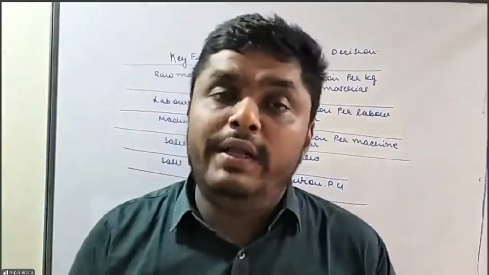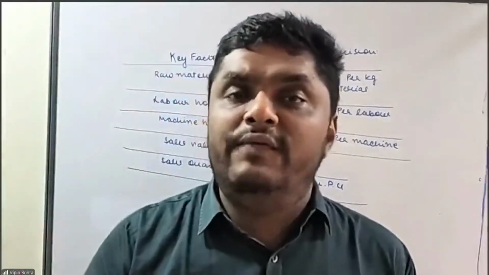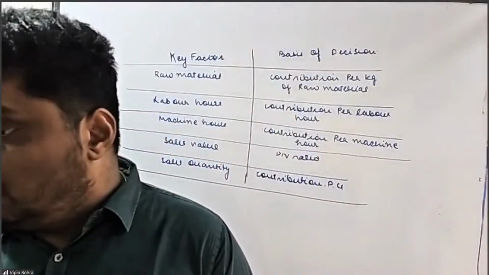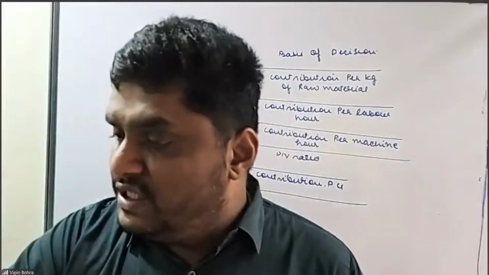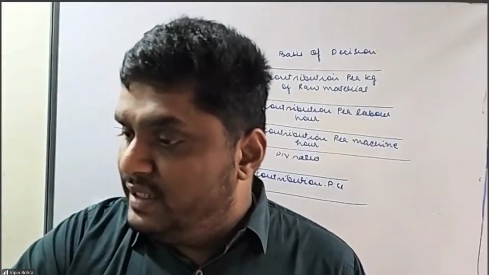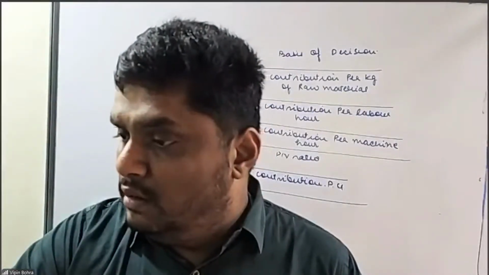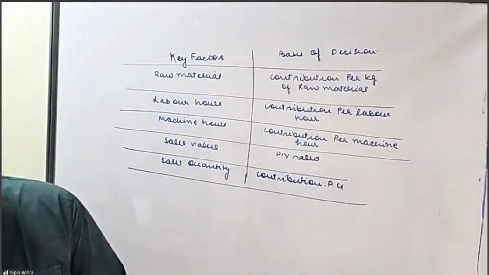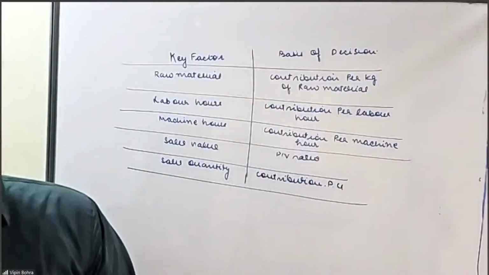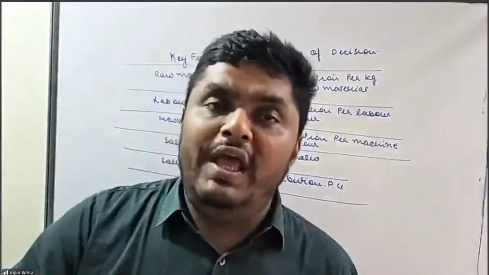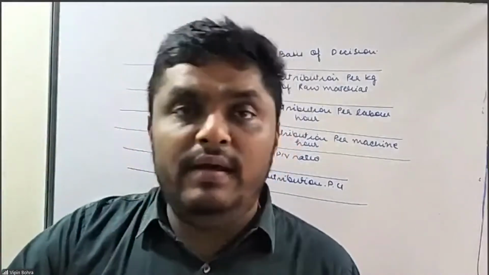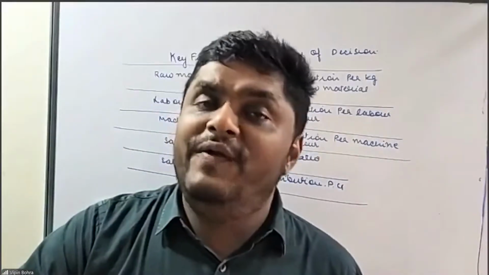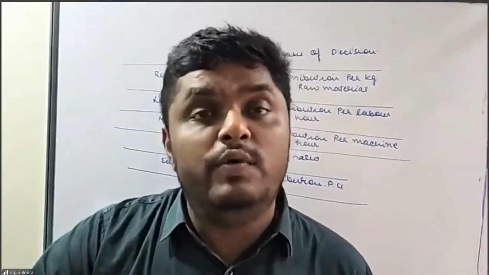So whichever has the highest contribution per unit, that we will manufacture first. I'm not discussing the questions from the material. I'm just taking a random example, Mujahid. Anyways, I request you guys to copy this explanation. So if the sales value is the limiting factor, then PV ratio. If the sales quantity is the limiting factor, the decision will be based on contribution per unit.